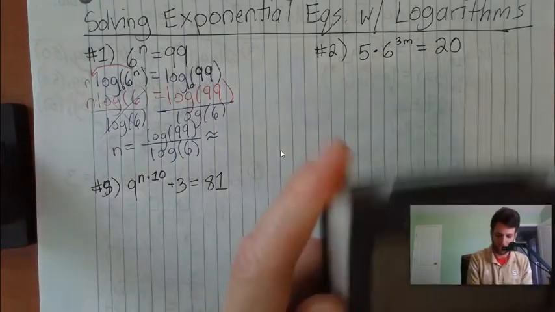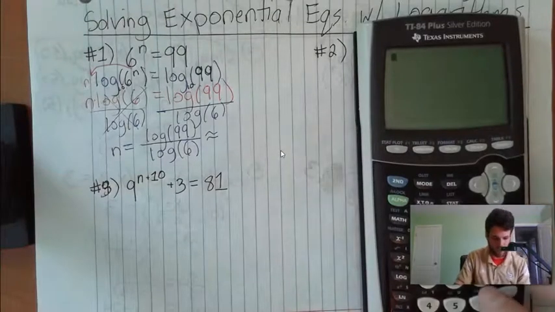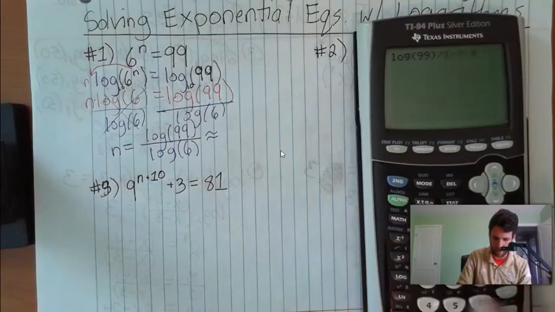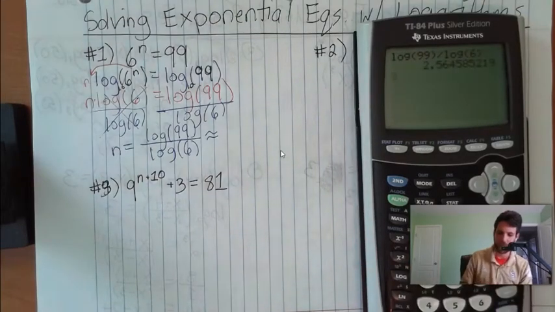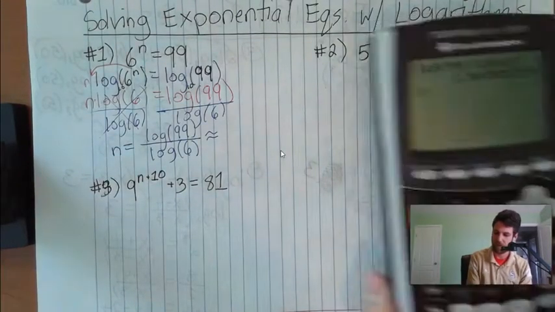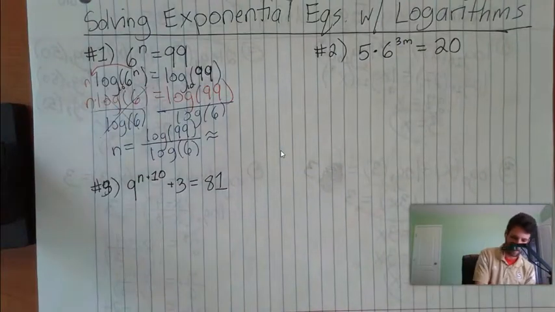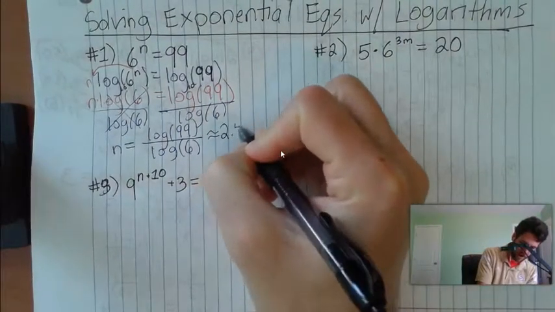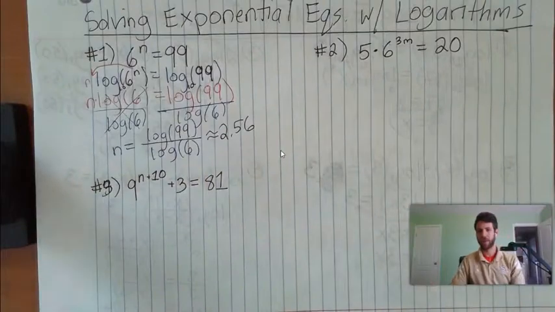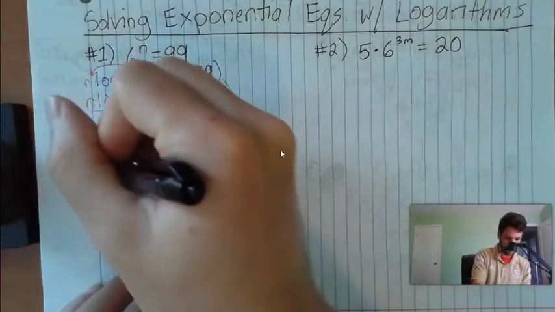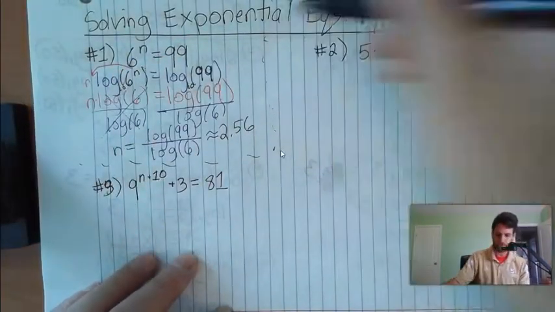So let's do that. We can do the log of 99 divided by log of 6, and we get an answer of about 2.56 for n. So we got our first problem all done.